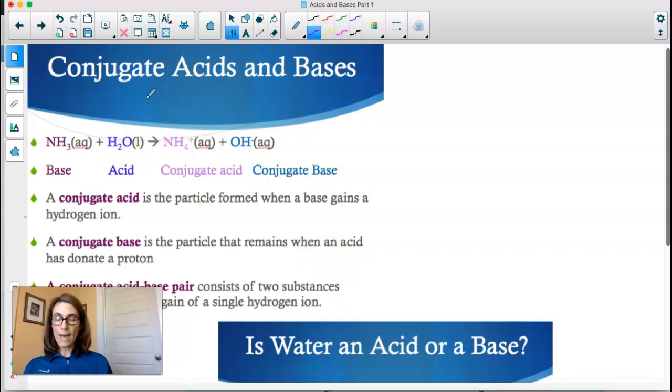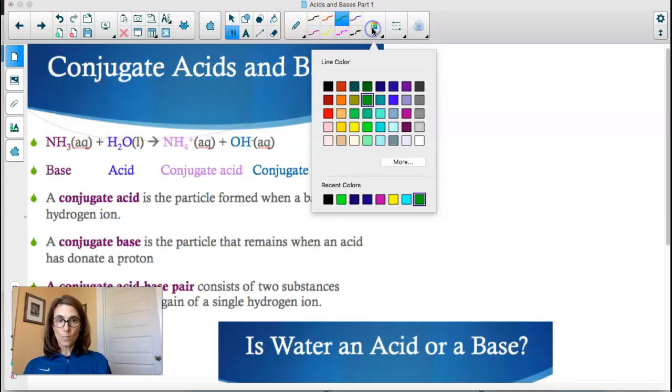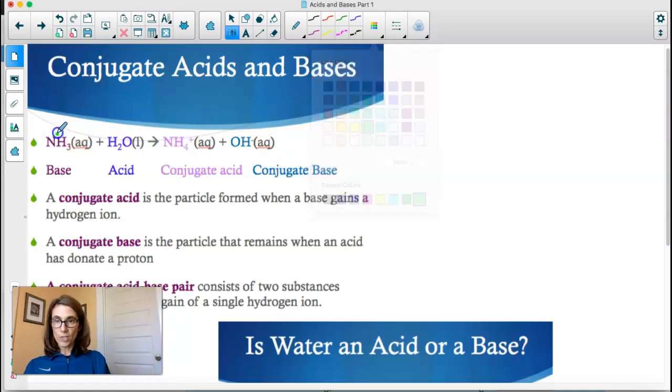Every acid and base in an acid-base reaction also has a conjugate acid or a conjugate base. So for instance, NH3 is a base because in a reaction with an acid, it accepts a hydrogen ion.